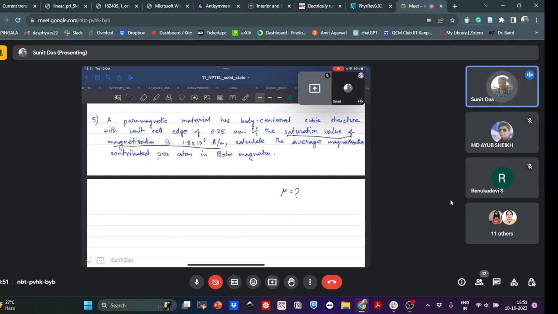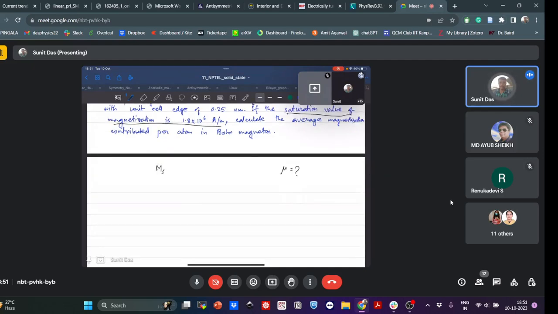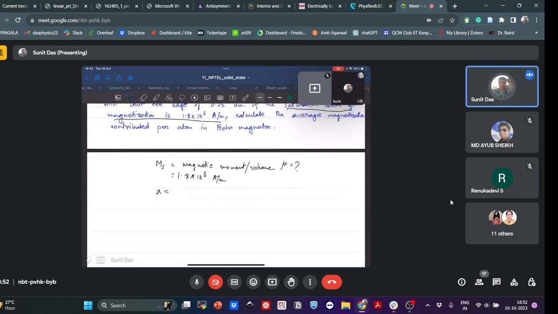So this is the saturation magnetization. What the saturation magnetization tells us is the magnetic moment per unit volume. So this is given as 1.8 into 10 to the power 6 ampere per meter. We are also given a, the lattice dimension, for the body centered cubic structure.